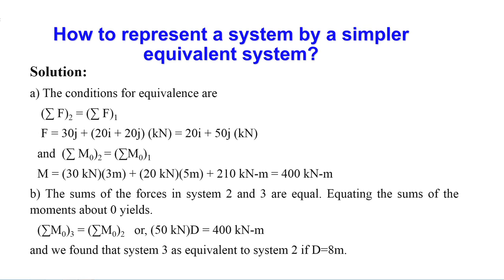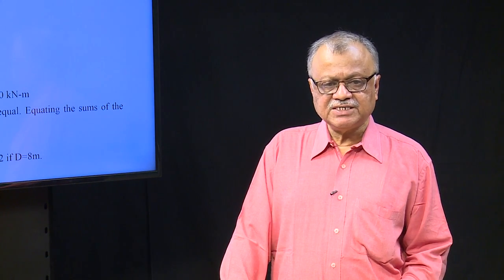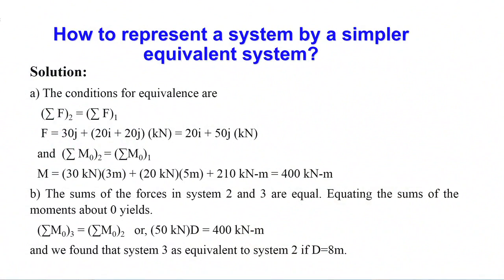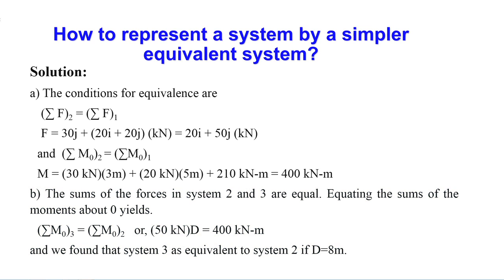Now, this is system 2, we have found the equivalent system 2. Because system 2 is equivalent to system 1, now we want to find another simplest system, system 3, which is also equivalent to system 2.